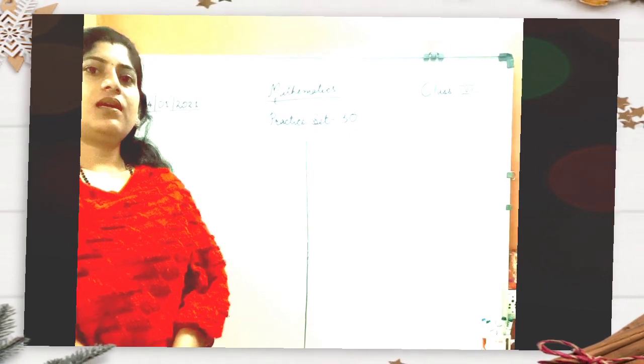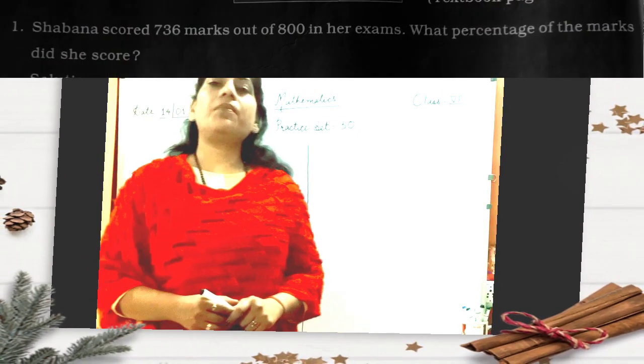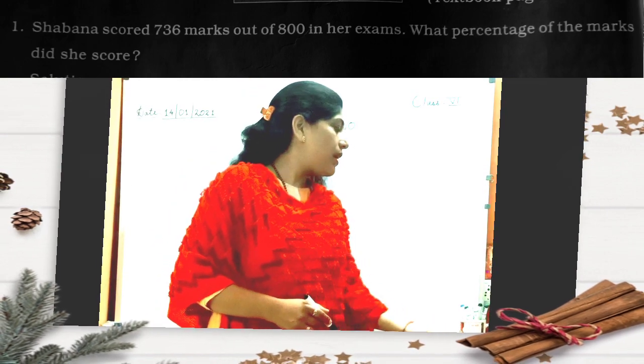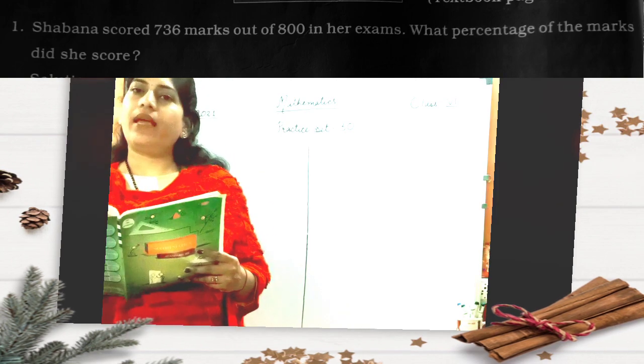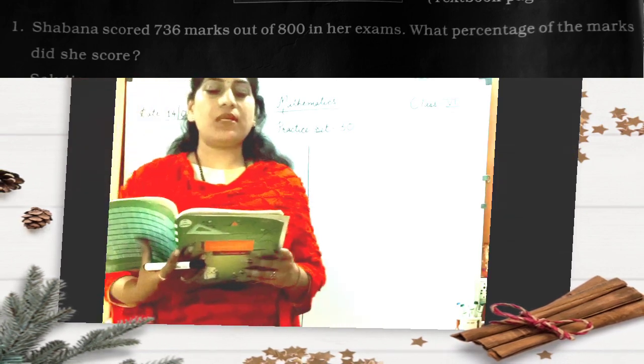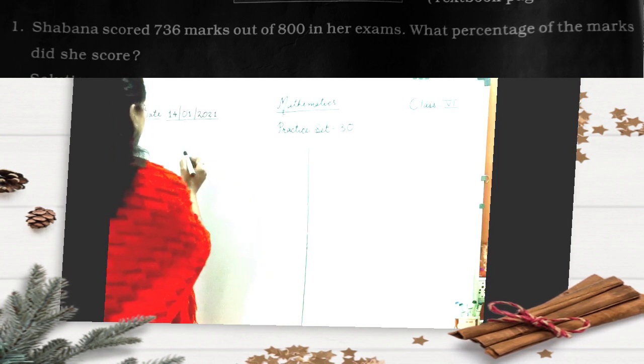Let us start practice set number 30. Children, the first question is: Shabana scored 736 marks out of 800 in her exams. What was the percentage she scored? So, how can we write here?